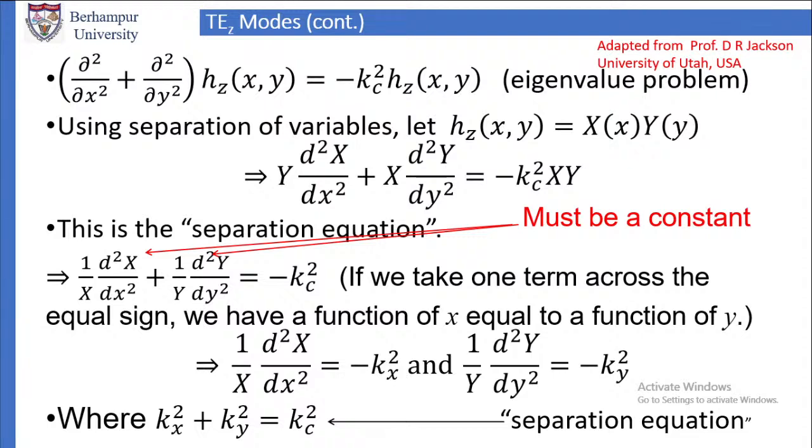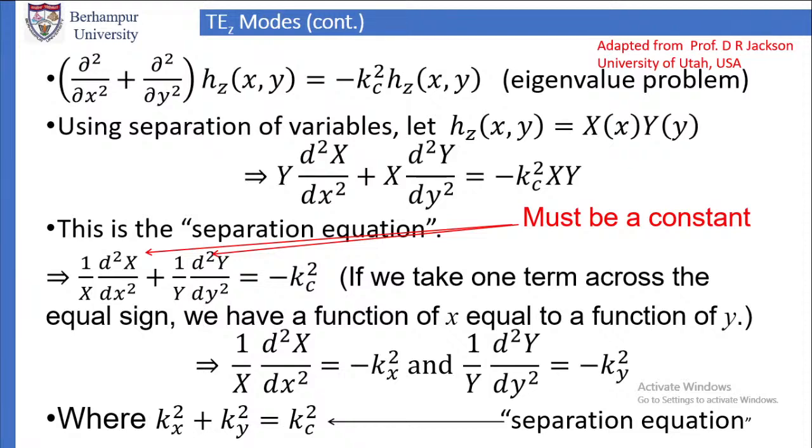So Y into, since it is operating on X only, the partial differential will drop and it becomes a complete differentiation, d²X/dx², plus ∂²/∂y² operating on XY operates only on Y. X is independent of y, so X will be constant. So X into d²Y/dy², that is equal to minus kc² times Hz, which is XY. So minus kc² XY.